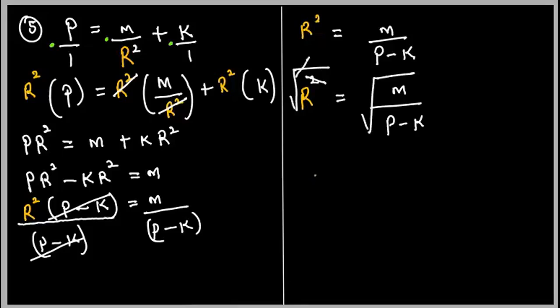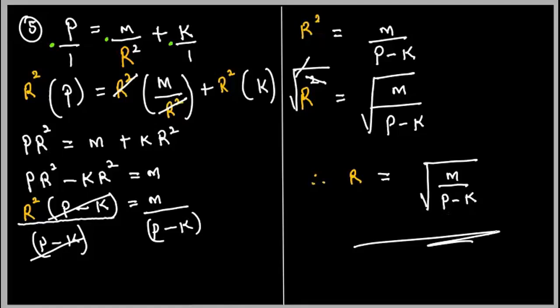Therefore, our r becomes equal to the square root of n over P minus k. This is our answer.